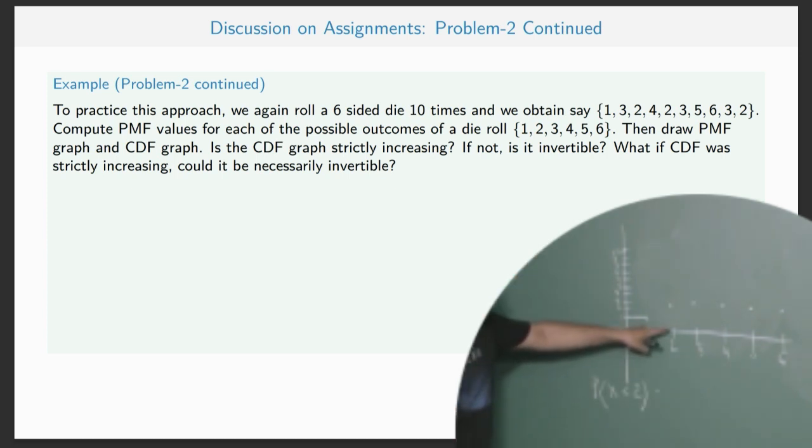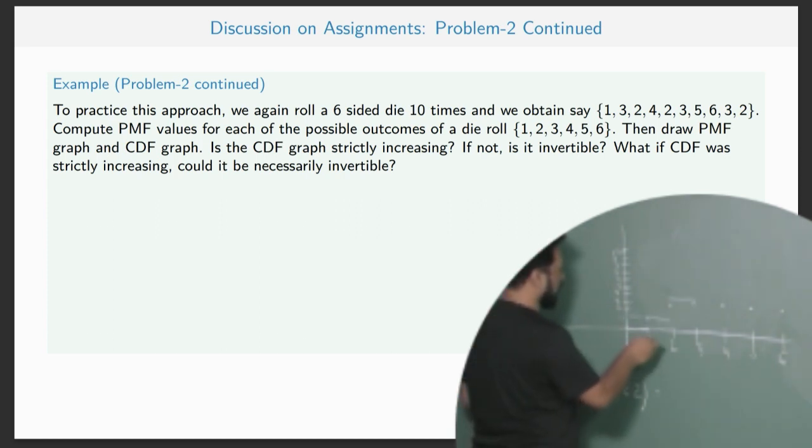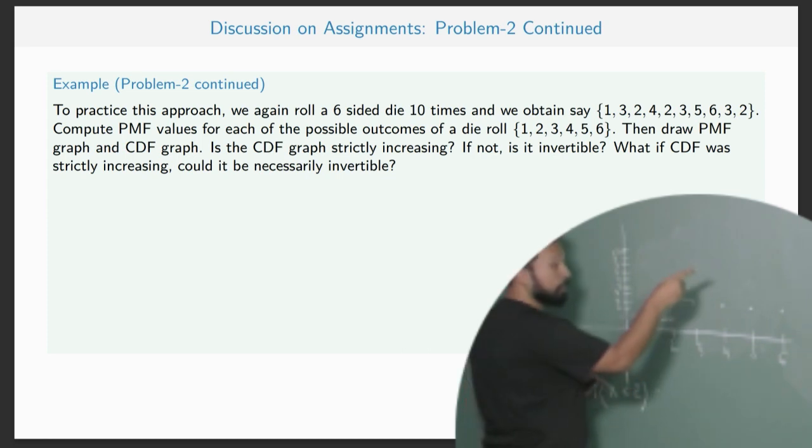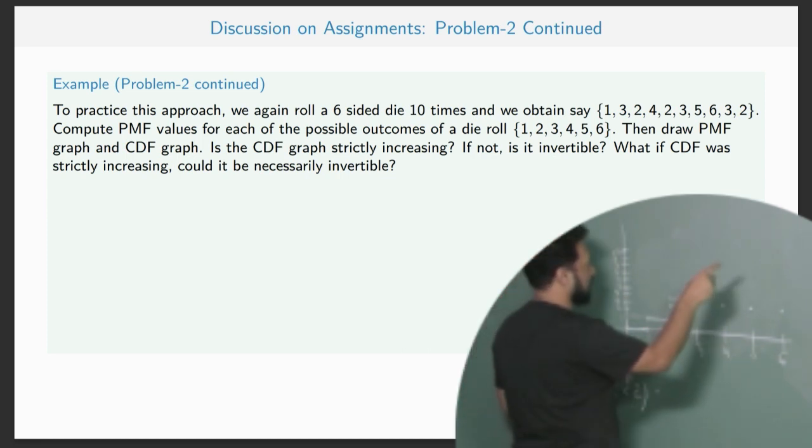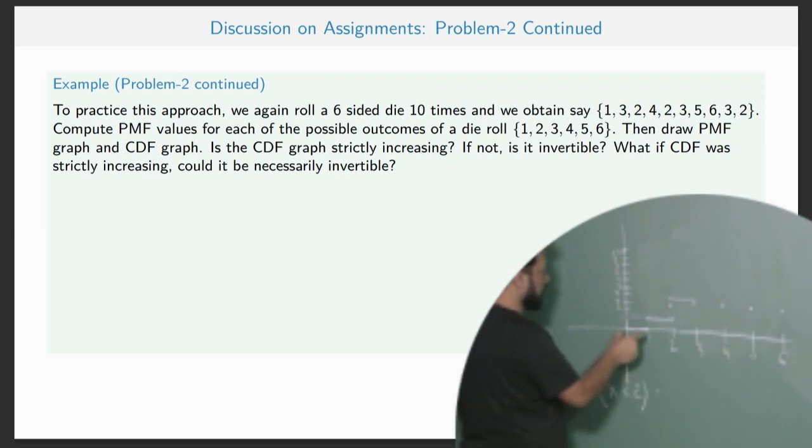Or strictly less than 2, what am I going to get? Should I add the values at 2? Between 0 and 1 it will be 0, and between 1 and 2 it is 1 over 10. It should not exceed 1, so we have to be sure.